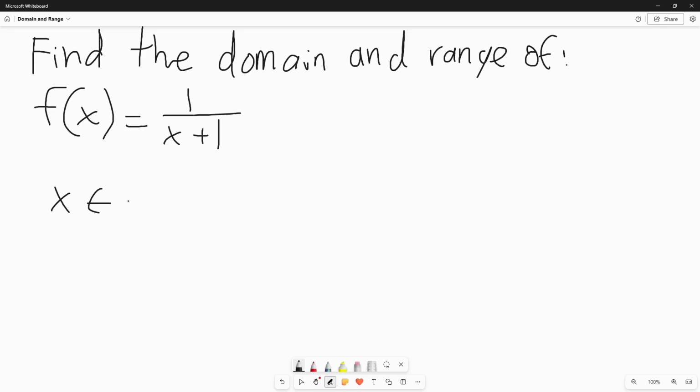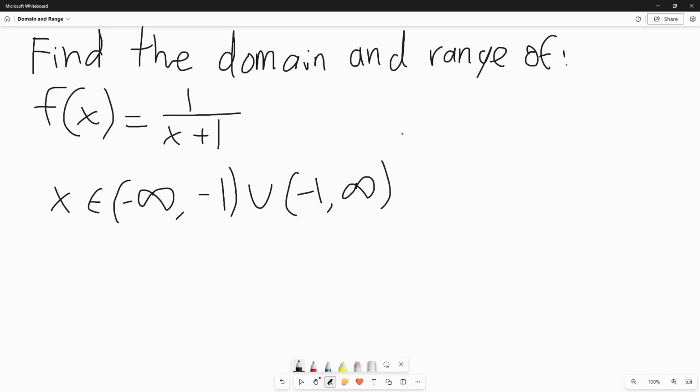So let's write the domain for that. X exists in negative infinity because it can be negative infinity or approach negative infinity all the way to negative 1, union negative 1 comma infinity. Pretty simple. It can be anything except for negative 1. And for the range, you would think that the range could be anything because a fraction can be anything if the denominator is anything, but it cannot be 0 because no matter what you put inside the bottom, it can't be 0.